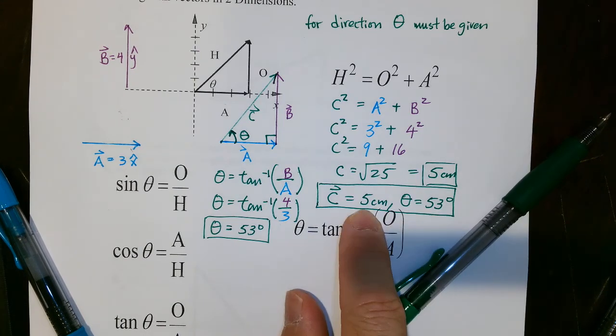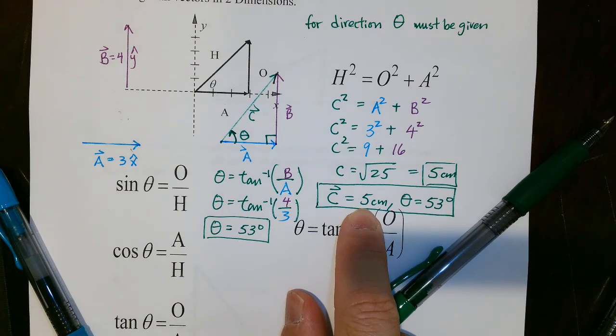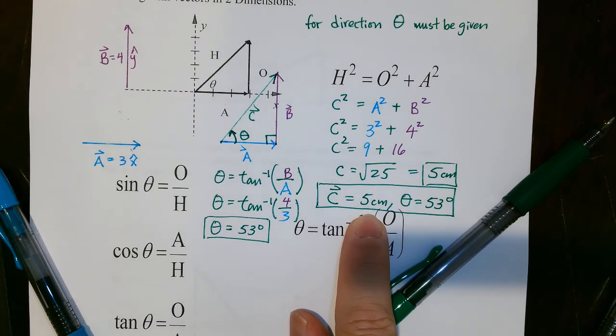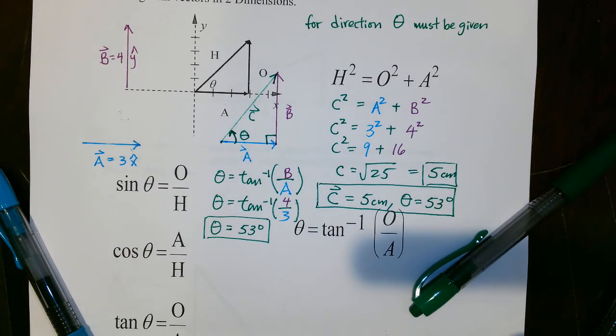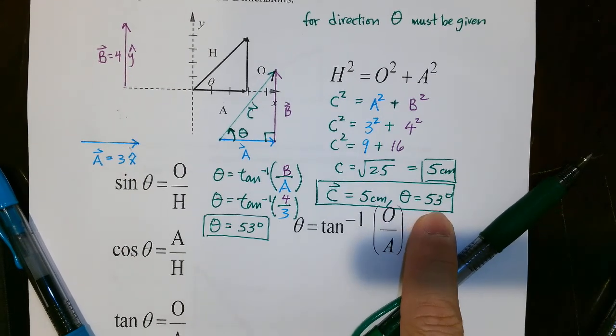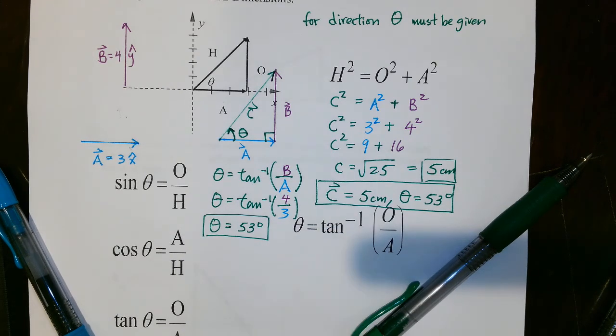It gives me one exact unique location. If I just say 5 centimeters, I have no idea which way to walk, but when I give you 53 degrees, then you know exactly which direction you should walk 5 centimeters. So now you have one unique position.